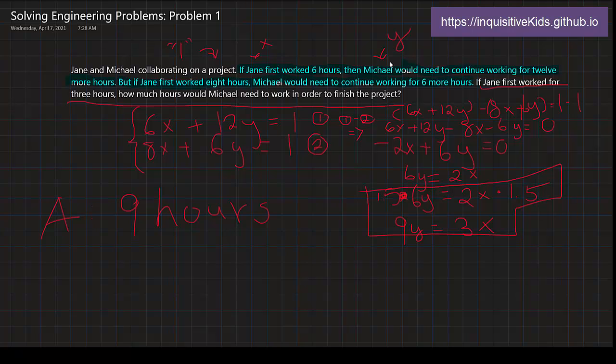Relearning what that was helped us say, well, if x is equal to the unit progress of Jane, and we need to change it into 3x, all we have to do is multiply 1.5 on both sides. So we multiplied 1.5 on both sides, and it gave us 3x equals 9y. So Michael would need to work 9 more hours, and that was the answer.